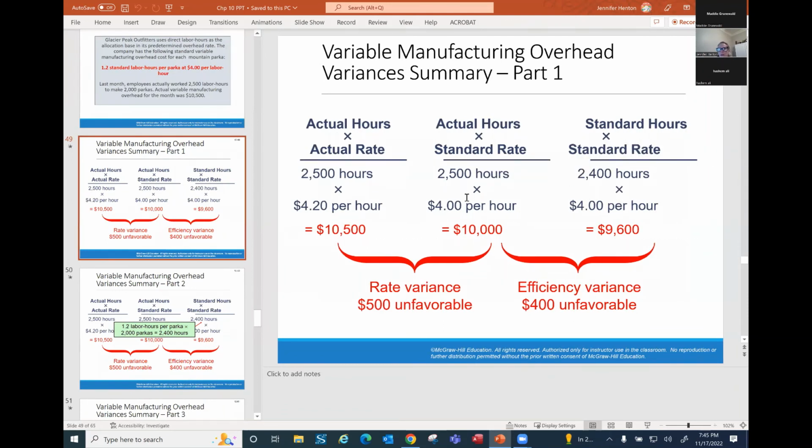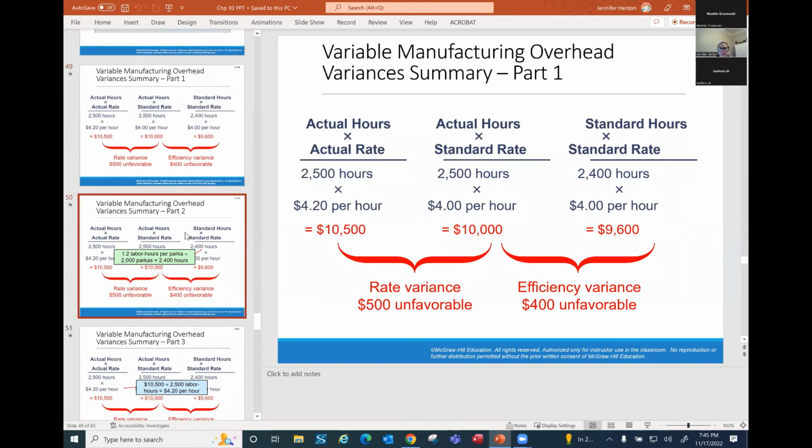Our standard hours are 2,400 and the actual is 2,500. The actual is more, so it's unfavorable. We take the difference of the 10,000 and the 9,600, and we get a 400 unfavorable variance.